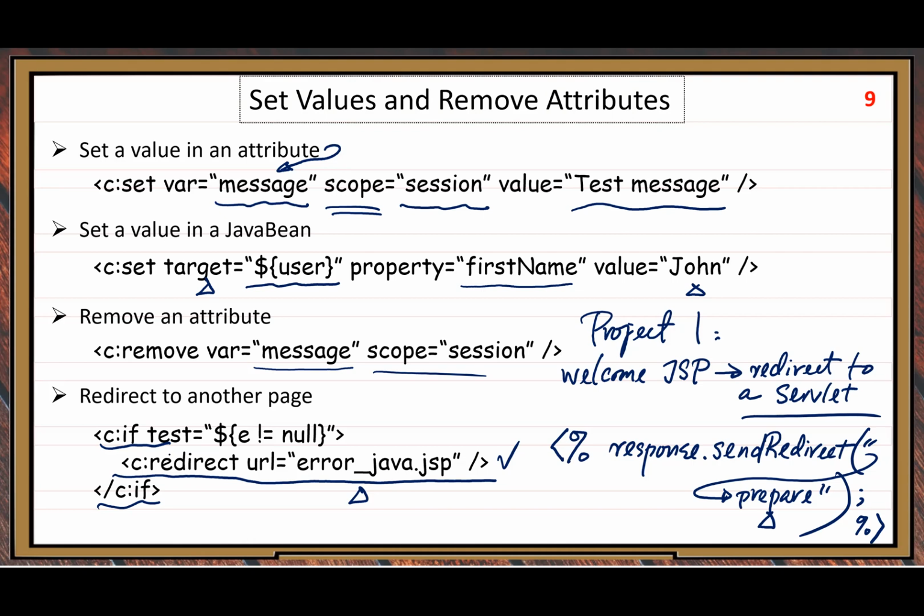But the URL is not the JSP URL, you put a servlet URL, the prepare URL. So you can also do the same, but the JSP way is easier than this JSTL way. So you can play around.